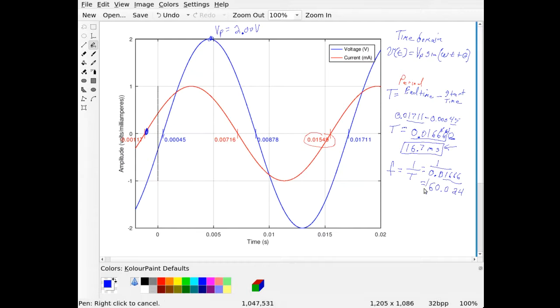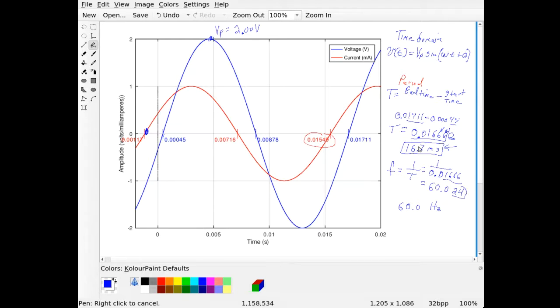All right, so the period is 60.024. But again, when I put this into Blackboard, I would put in 60.0, and then the units for that are hertz, which is also known as cycles per second, but the proper unit is hertz. So this is how I would put it in Blackboard.